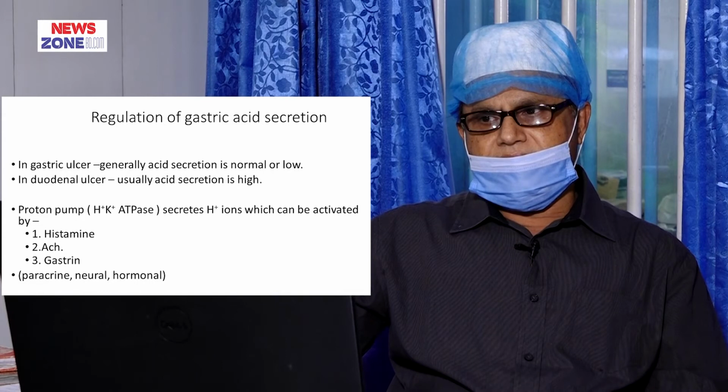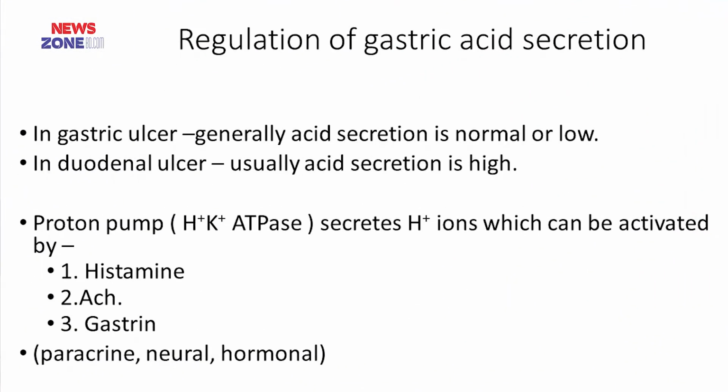Regulation of gastric acid secretion: in gastric ulcer, generally acid secretion is normal. In duodenal ulcer, usually acid secretion is high. Gastric ulcer and duodenal ulcer combined we call peptic ulcer.